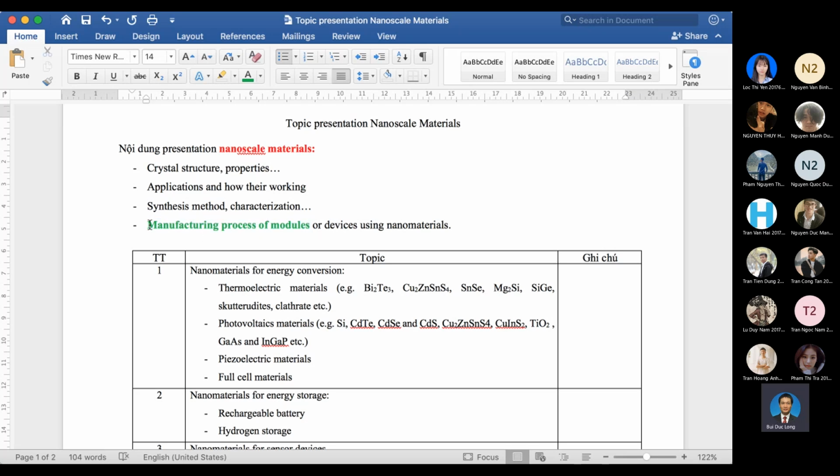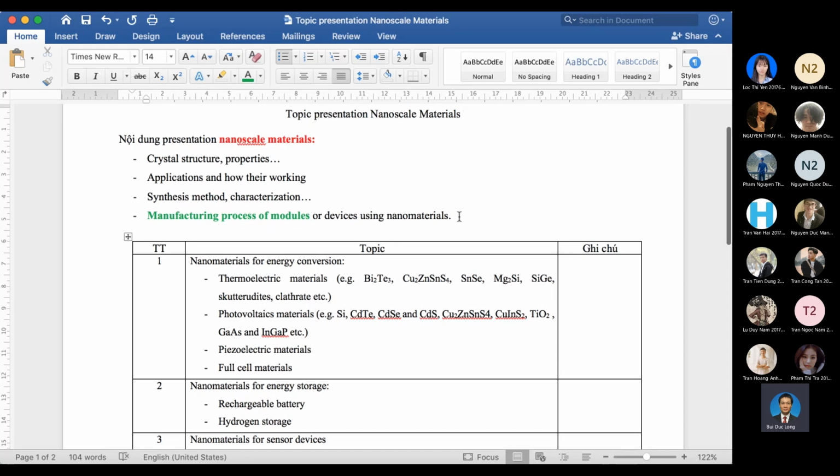You have to present the manufacturing process of the module or devices using the nanomaterial you choose. Not in general, but for the certain nanomaterial you choose.